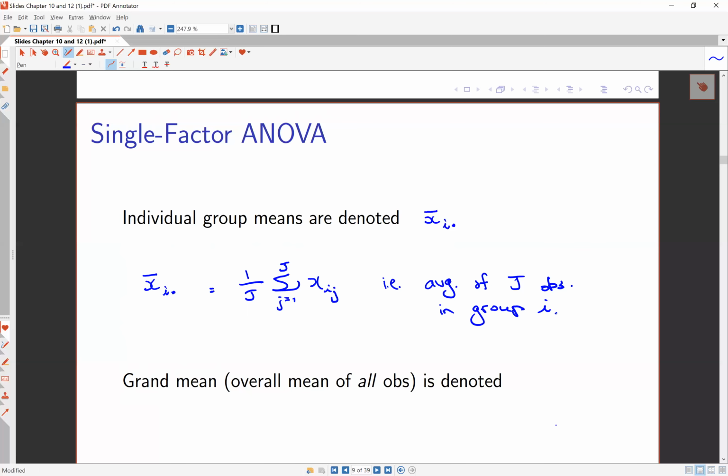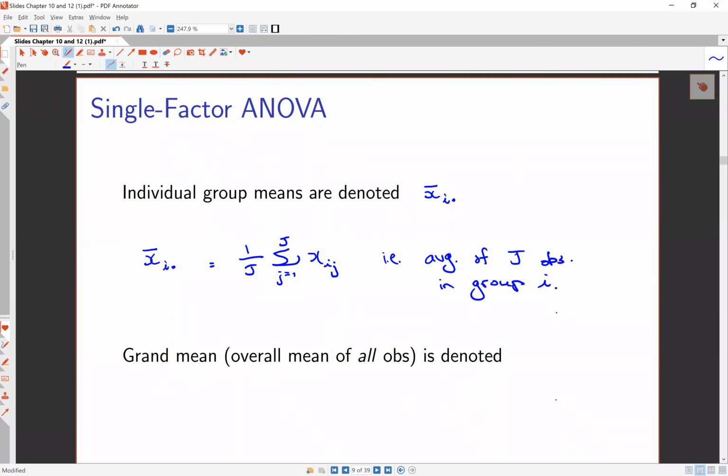We also have notation for the overall mean or the grand mean. So this just means we're taking the average of all the observations across all populations. And we denote that by x bar with 2 dots. So a dot in the subscript just tells us we've averaged out: if it's the first dot, we're averaging over groups. If the second index is a dot, we're averaging out over members in a group. If it's both, we're averaging out over everything.